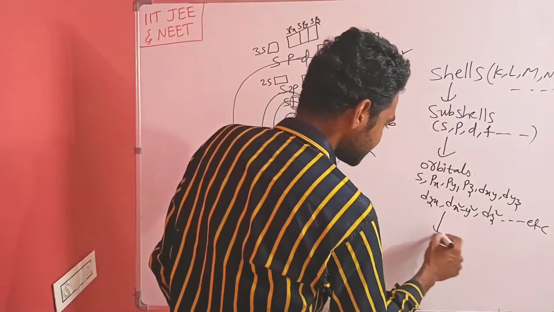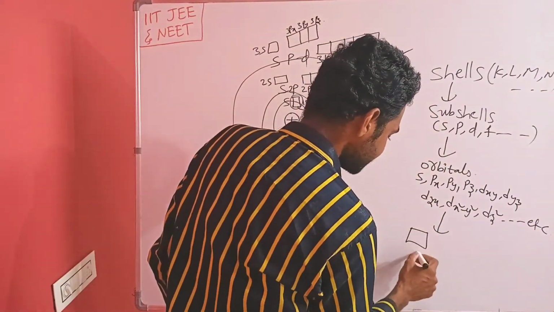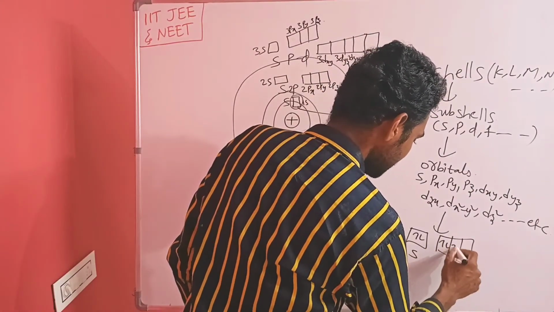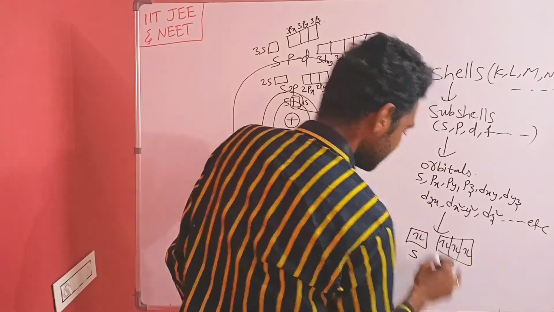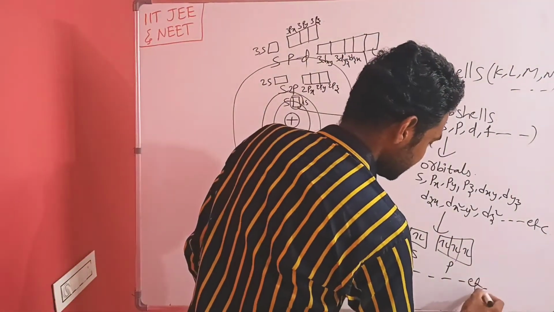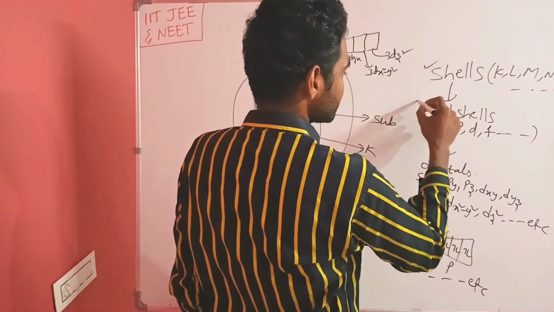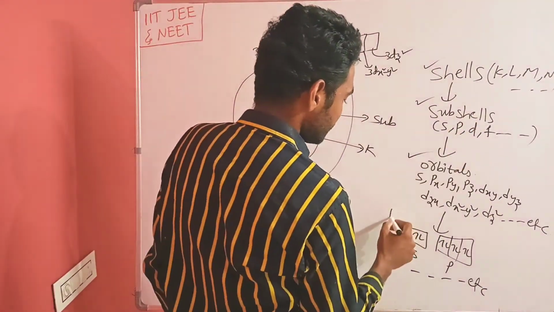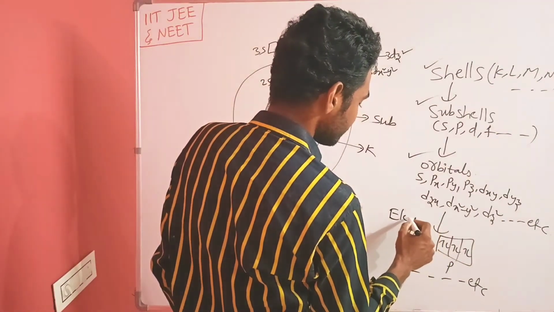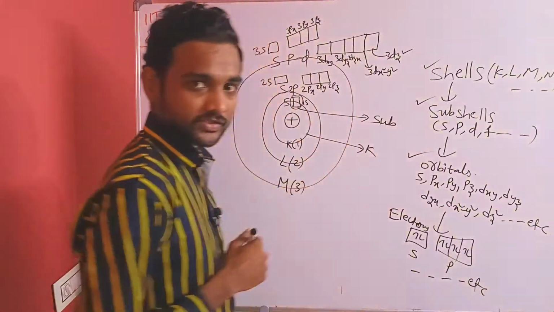Now in these orbitals, electrons can fill. For example, in an s orbital 2 electrons can fill. In a p subshell, 6 electrons can fill. This is the order: first shells, after that subshells, after that orbitals, after that electrons. Have you understood?